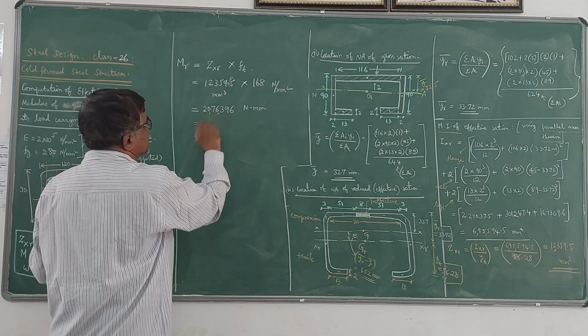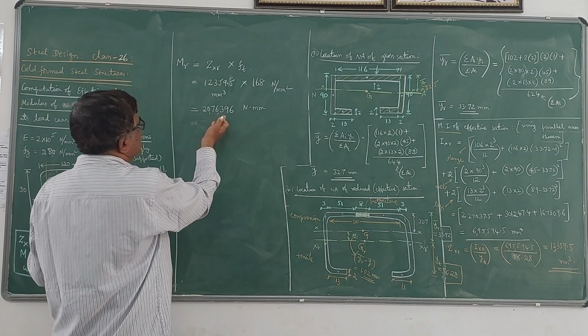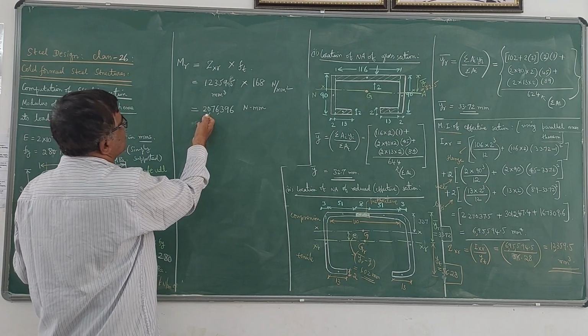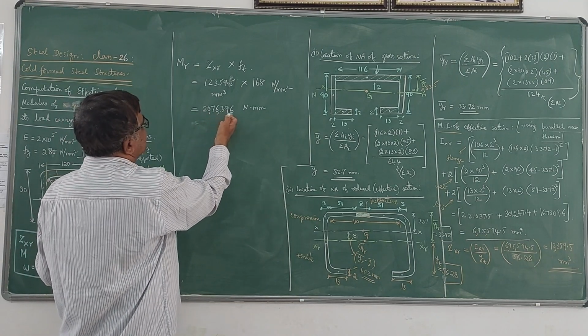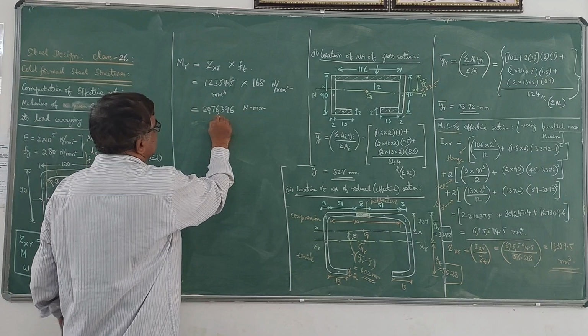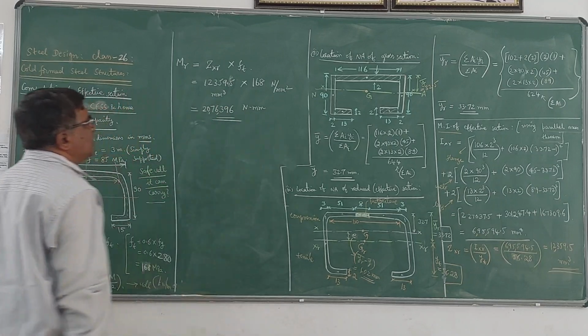Converting this into kilonewton meter, we get 2.076 into 10 power 6 Newton millimeter.